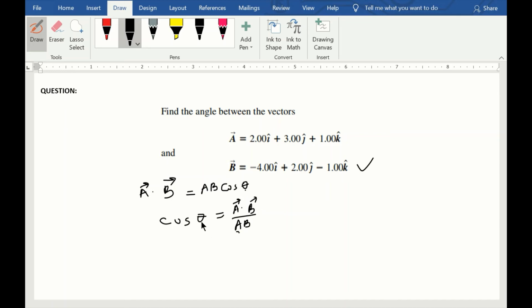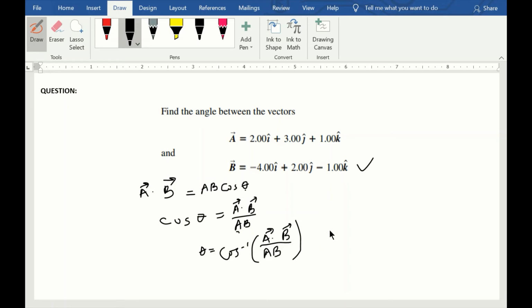Now we can transpose this, so therefore I can say that my theta is equal to the cos inverse of vector A dot vector B over the magnitude of A times the magnitude of B. So this is our formula to find the angle between the two vectors.